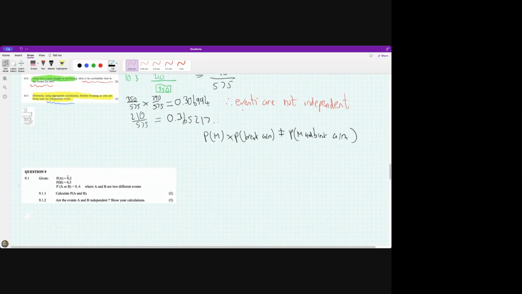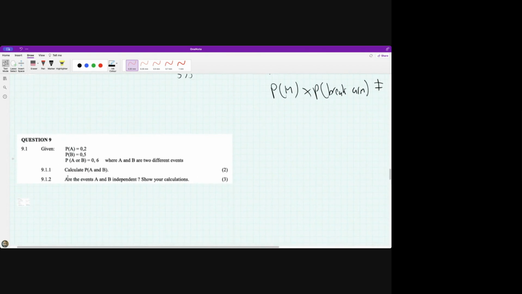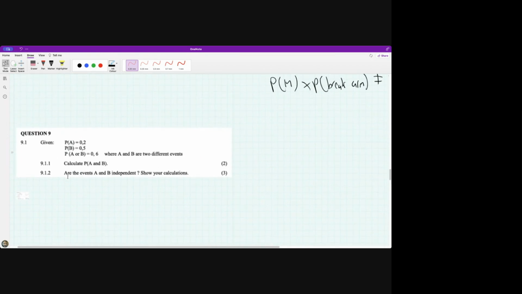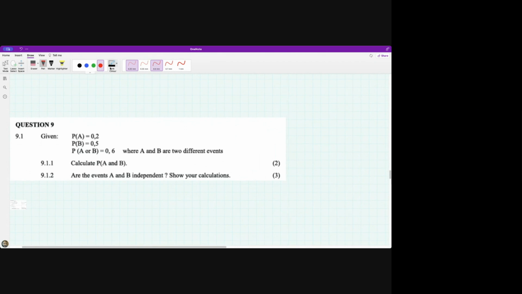All right, one last question. Let's see. Now, this is interesting. They are mixing and matching two parts of the topic here. Earlier in the lesson, I told you about a probability identity.